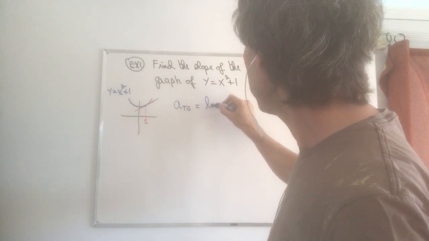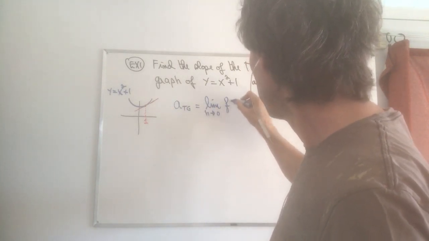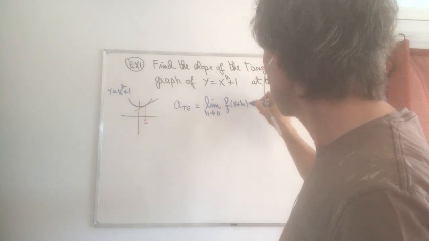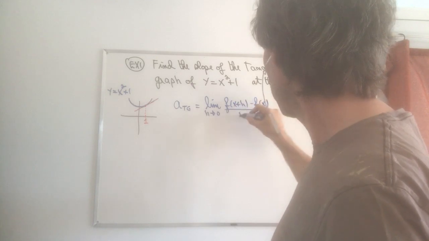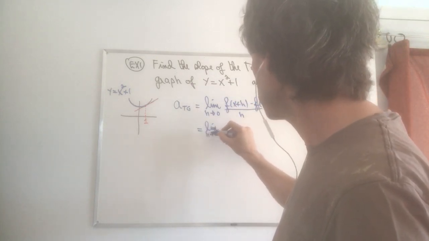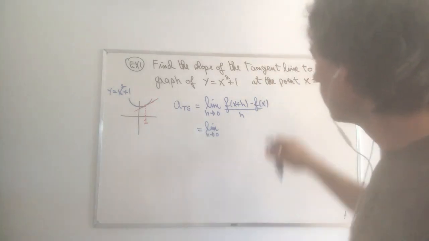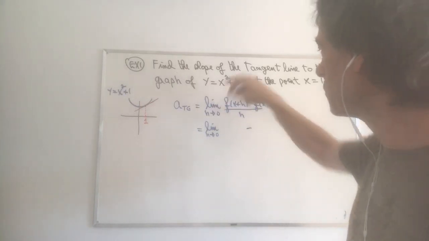It's going to be the limit as h goes to 0 of f of x plus h minus f of x over h. Now, let's replace. I know f of x, don't I? What's f of x? f of x is the same as y.